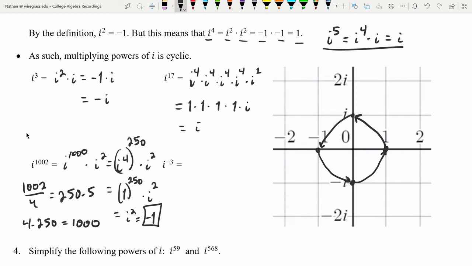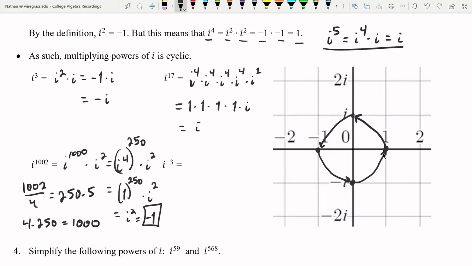Now, interestingly, we can actually go backwards and have negative powers. Now, negative powers, we could, of course, write this as 1 over i cubed, and then use complex division to simplify. You can also think of this in a different way. If multiplying by i just moved forward, then negative powers move the other way.